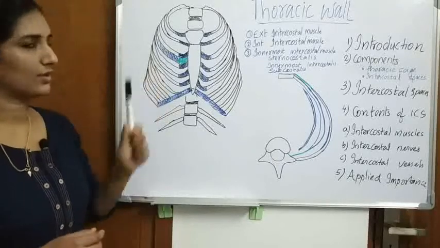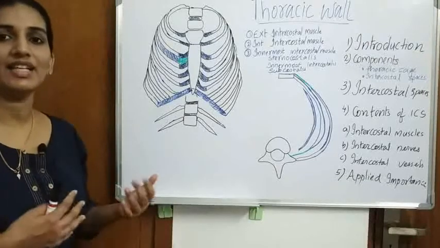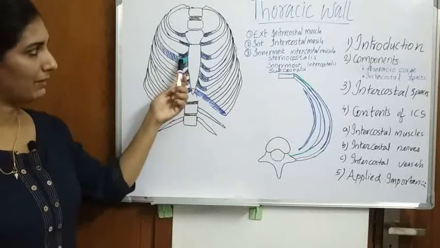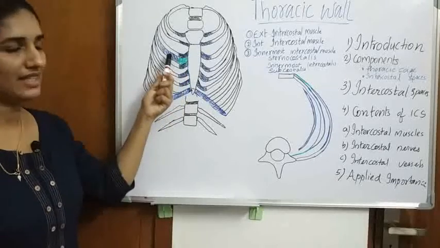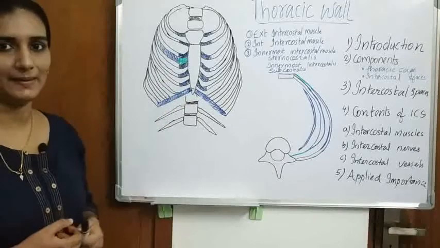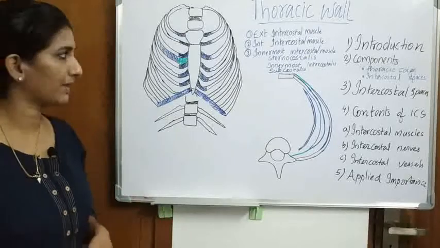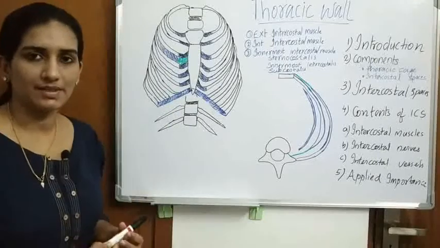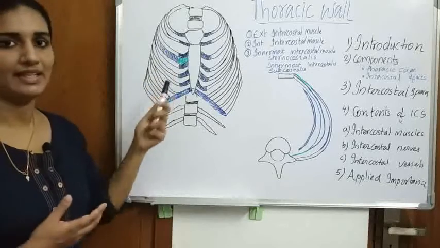This external intercostal muscle again has two parts, interosseous part and interchondral part. The interchondral part is membranous, that means between the two costal cartilages, the external intercostal muscle is modified to form a membrane, that is the anterior intercostal membrane. The interosseous part of the external intercostal muscle is fleshy, and this is the main external intercostal muscle.